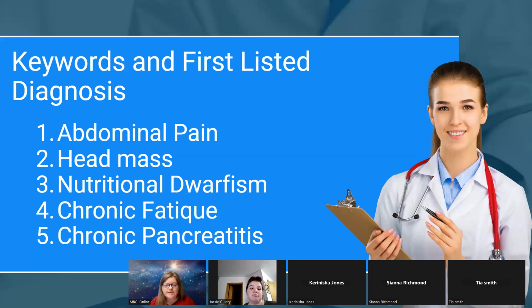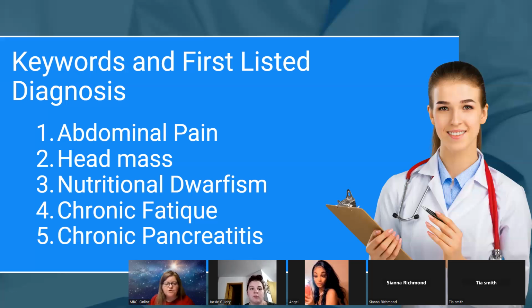That is correct. You're going to go to pain, and then it'll start listing it by body part alphabetically, and you will follow your indentions until you find the one that fits what you need. All right, so number 2, head mass. This one's going to be mass. You generally want to go with whatever the affliction is first, and then the body part second.